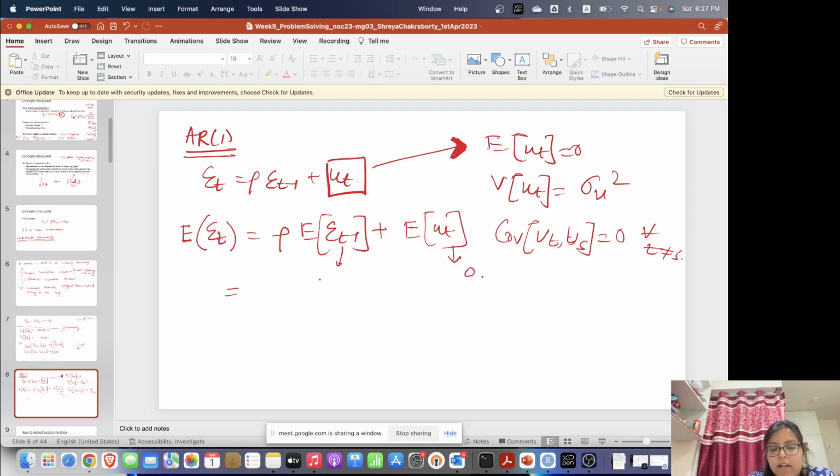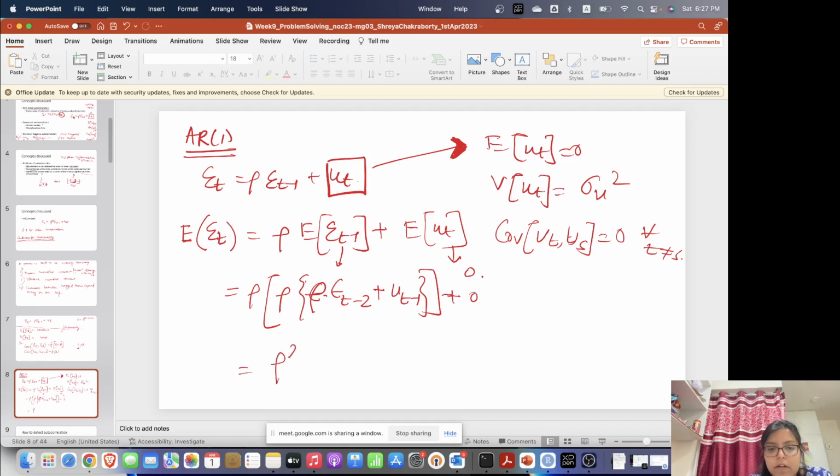This one again we can split into 2: rho into, putting t minus 1 here, rho epsilon t minus 2 plus ut minus 1, plus this will be 0.